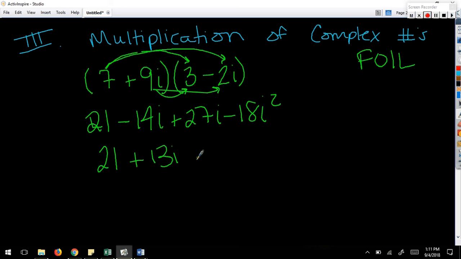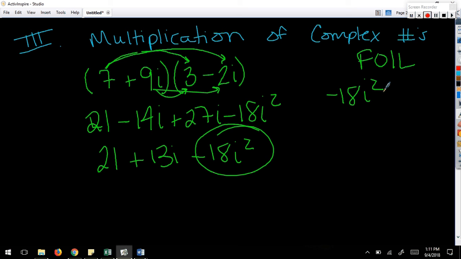Now, here's the kind of new thing. I've got -18i squared. I can't just randomly square root, but I do know what i squared is. Remember I told you what i squared was? -1. So watch what happens if I've got -18i squared. You get +18.